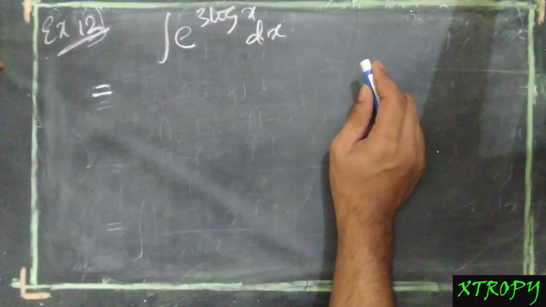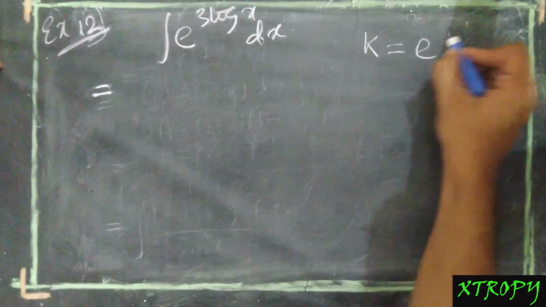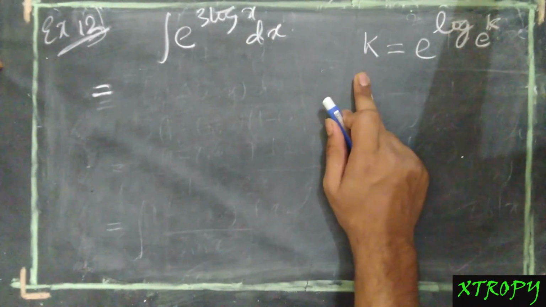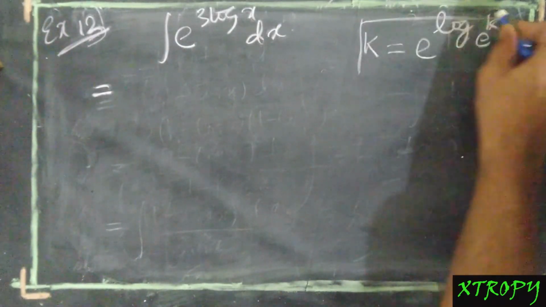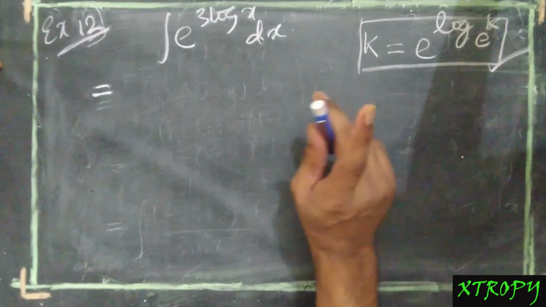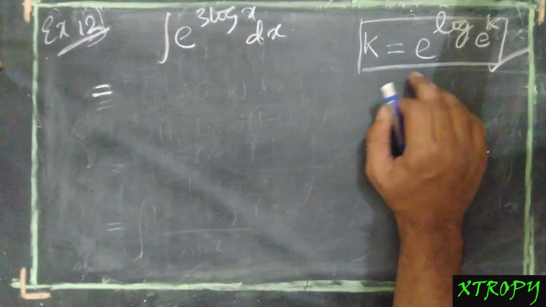How? Let me tell you first one important thing: you can rewrite k as e power log k base e. K equals e power log k, right? This is a fundamental theorem of logarithms. If you want to know how this came, then you can watch my video on logarithms. It will be given in this I button over here.